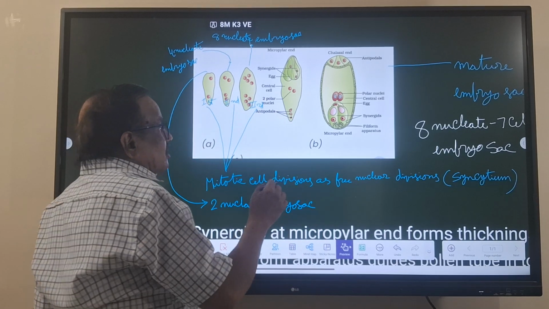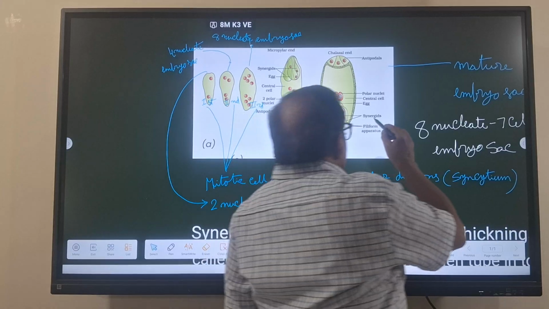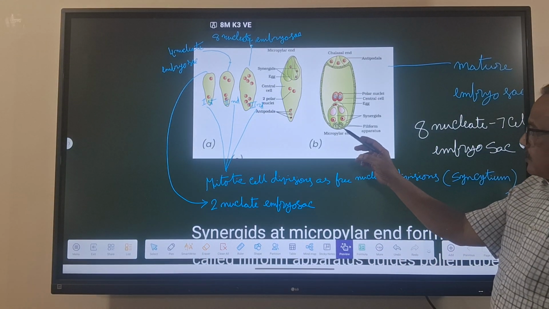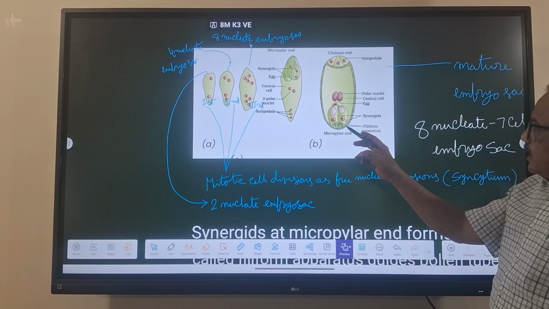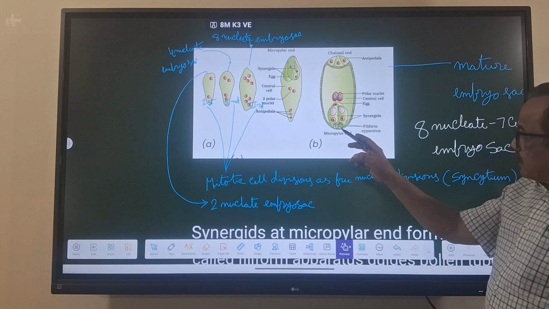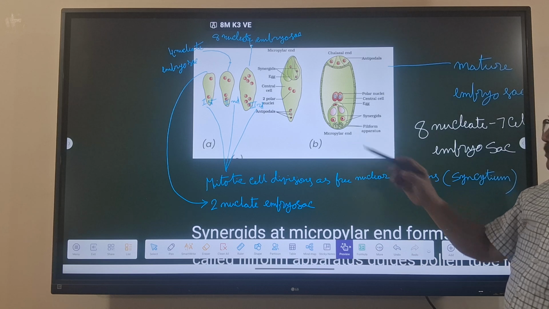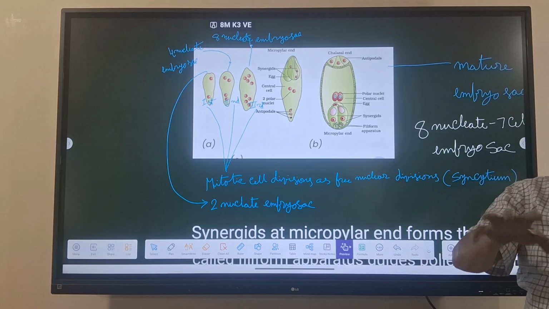And one more thing: at the micropylar end, the synergids attached to the base of the embryo sac form finger-like thickenings.